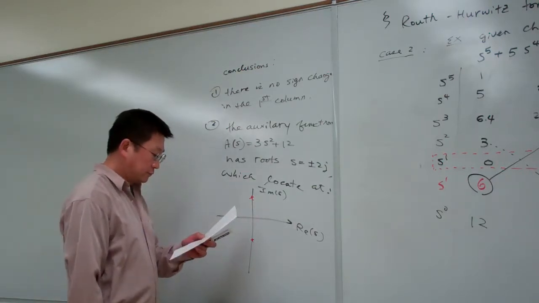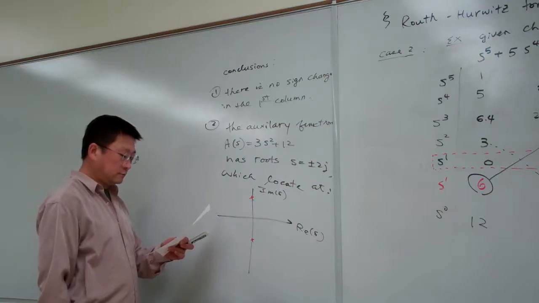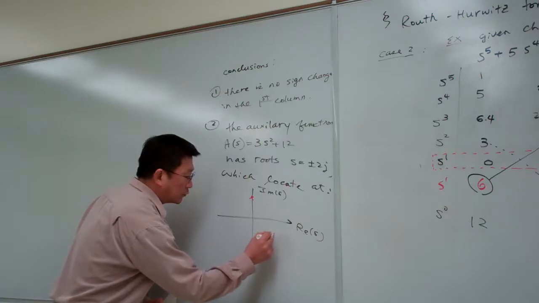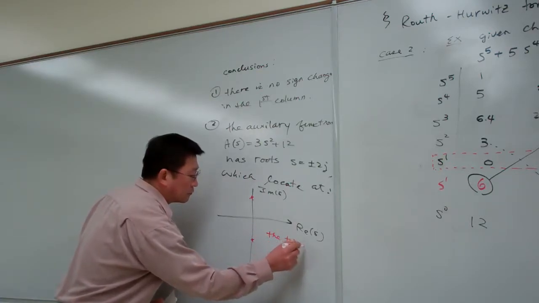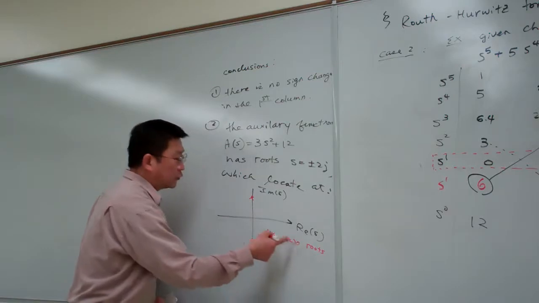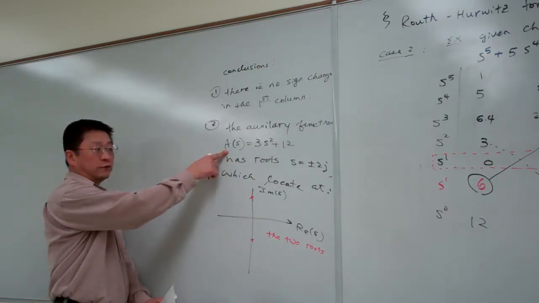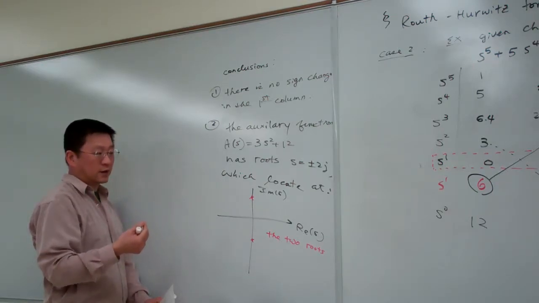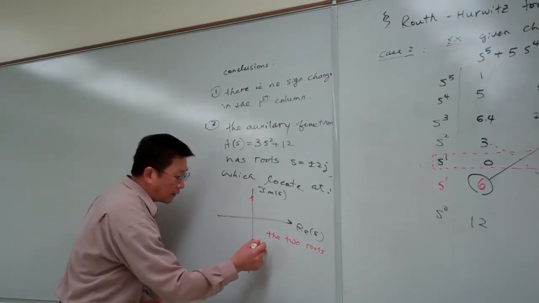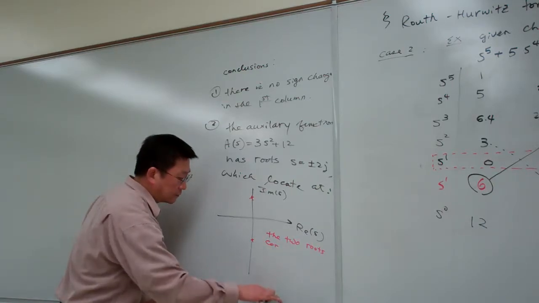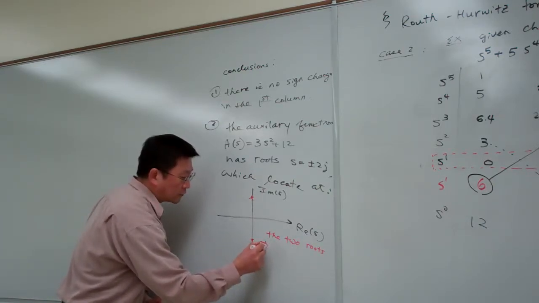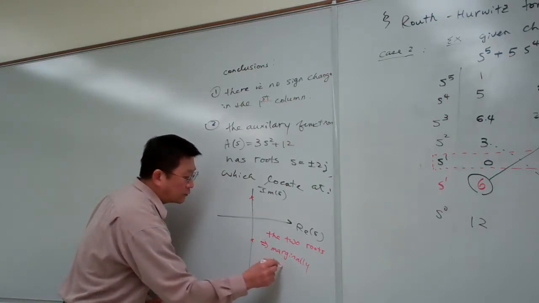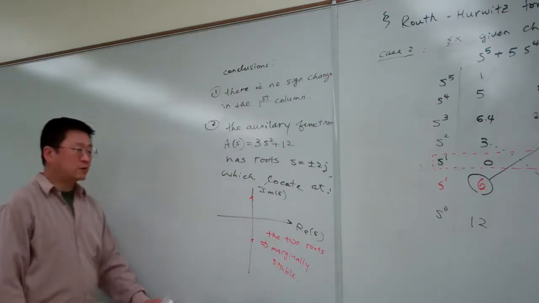These are the two roots. The two roots of this auxiliary function are actually two poles of the characteristic equation of the system. We call this marginally stable. Okay, the system is marginally stable.